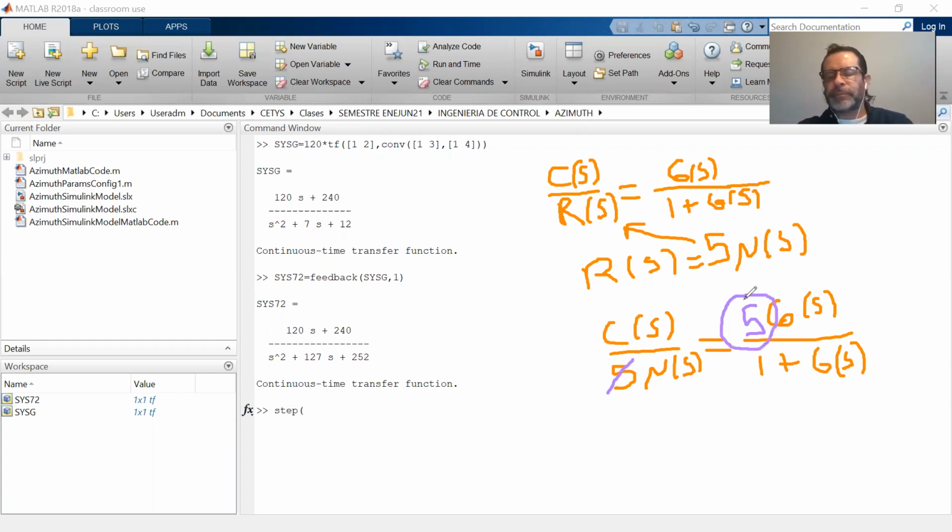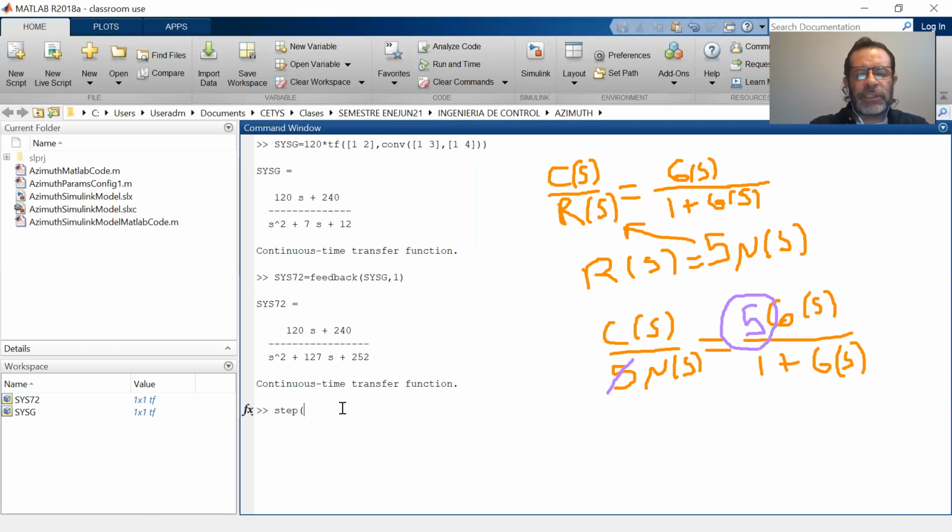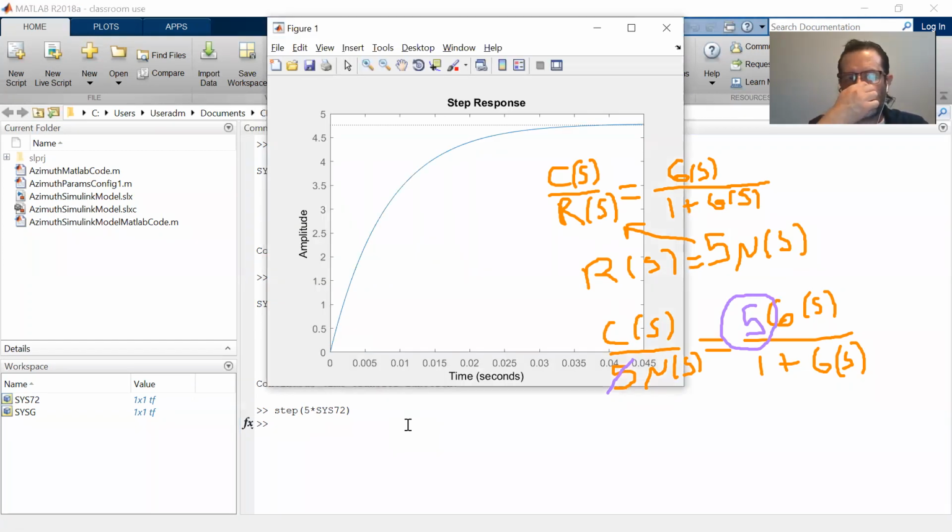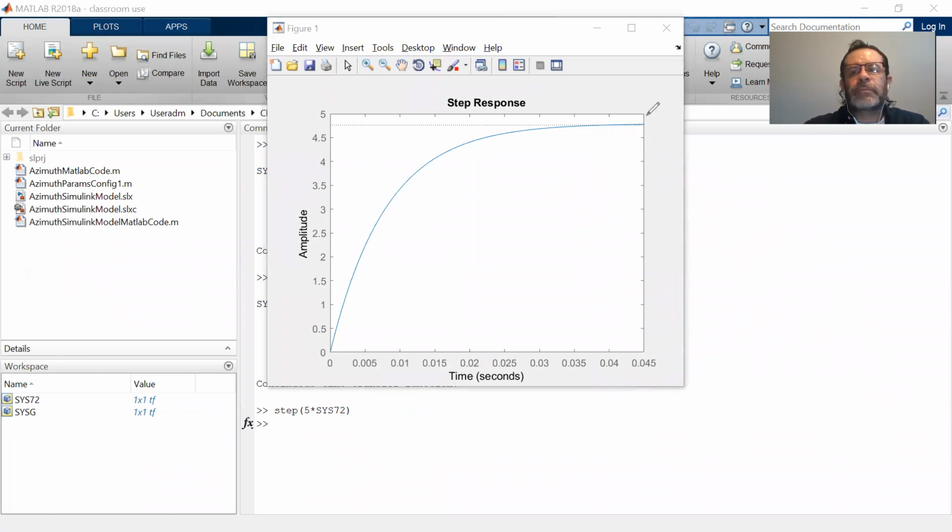And so in this case, going back over here, I can just say 5 times sys 7.2, and that's going to give me the graph for the response. Just wait for it to do that. There we go. And here we have the graph for the response.